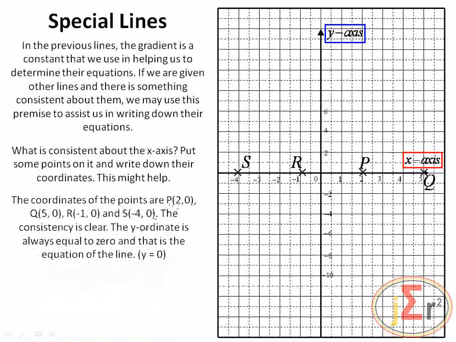P is (2, 0), Q is (5, 0), R is (-1, 0), and S is (-4, 0). The consistency is clear. The y-ordinate is always equal to 0, and that is the equation of the line. y = 0. That's the equation of the x-axis. y = 0.